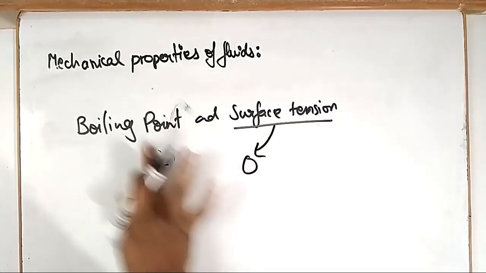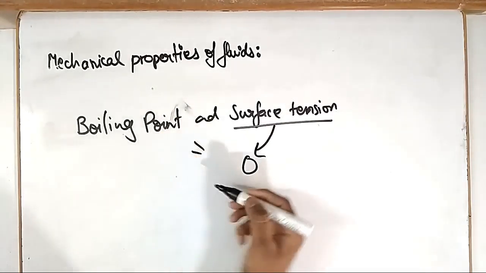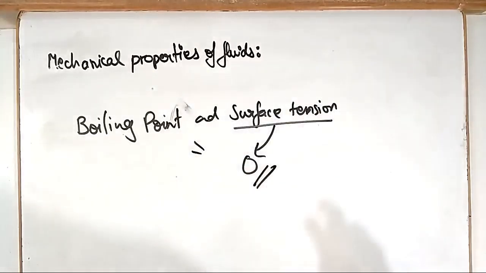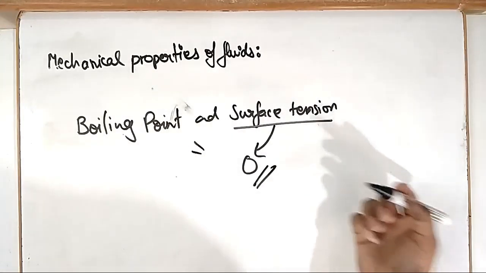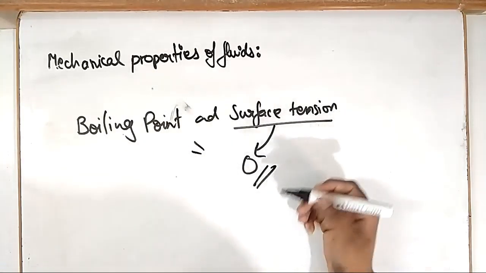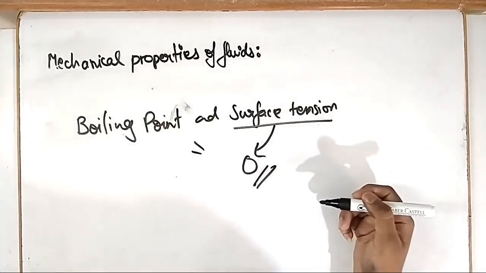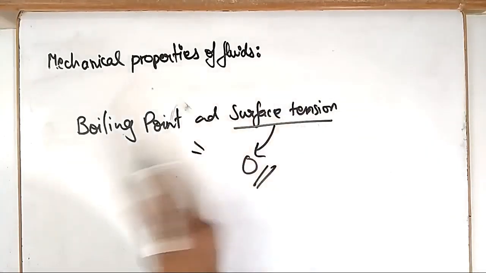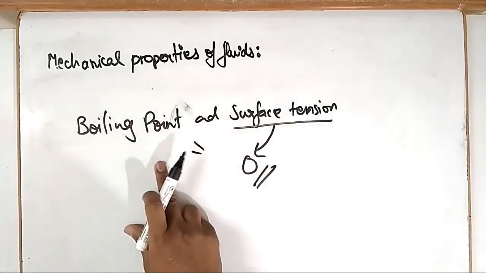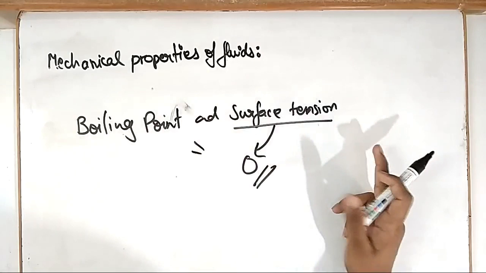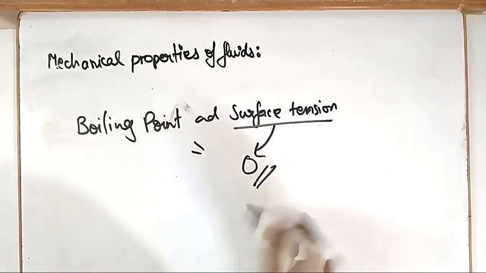The surface tension is also 0 at the critical temperature. That's one more thing to remember. So the surface tension of a fluid is 0 at its boiling point, and also 0 at its critical temperature.